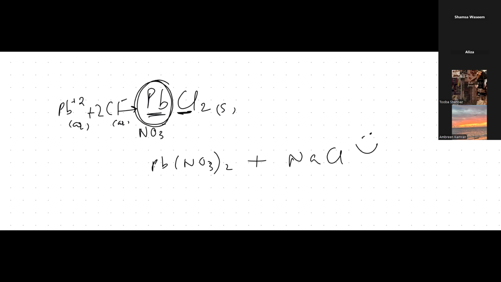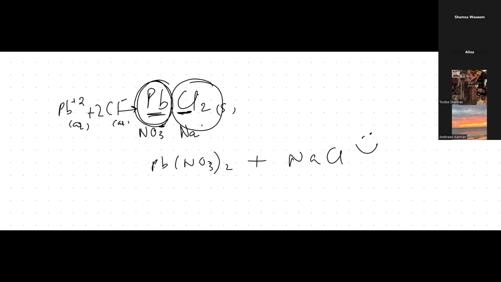You're just going to attach it with the nitrate. And whatever is the second part of the salt, the anion, you're going to attach this anion with a group 1 salt. Like if that's going to be chloride, you're just going to take sodium chloride. Did you get it? Depending on which salt you're preparing, the thing is the same: the solutions are the same. You take the first part as nitrate and the second part as a group 1 salt. Right, Aliza? Did you understand?